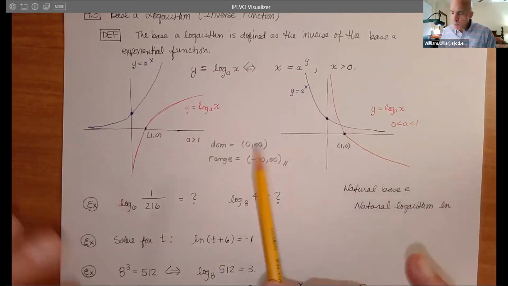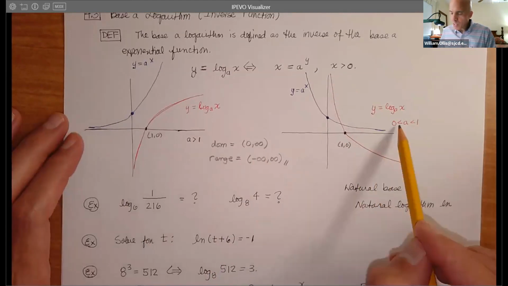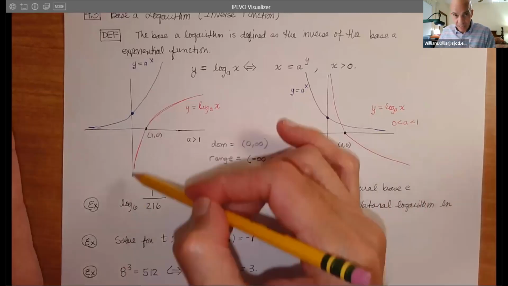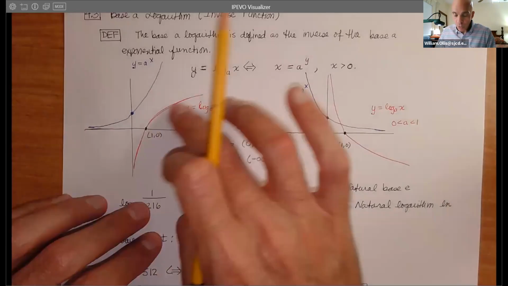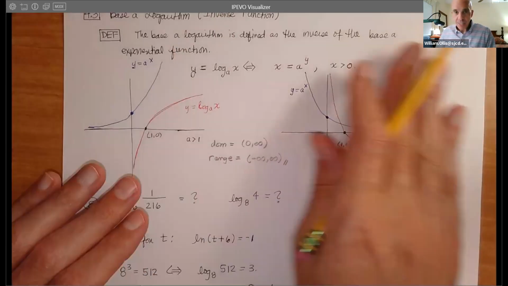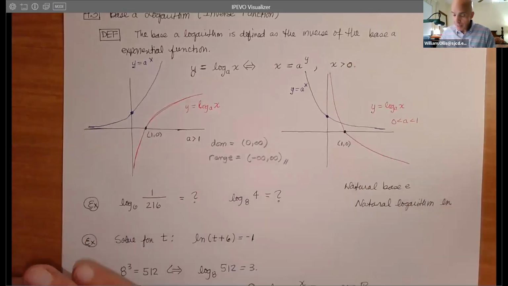So we don't spend as much time with logarithms where the bases are between 0 and 1. We really spend more time with e and 10 and 2 and 3 and things like that. So we probably spend more time with these, not to put any less emphasis on these. I just want you to see what it looks like.